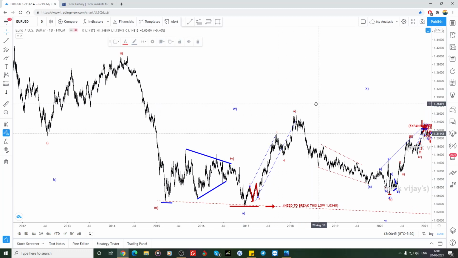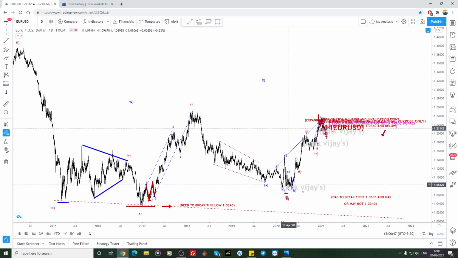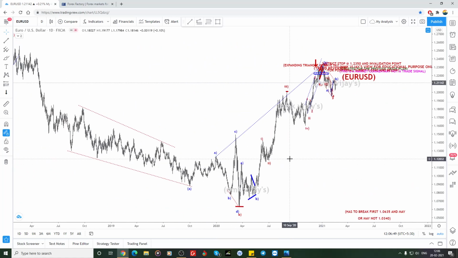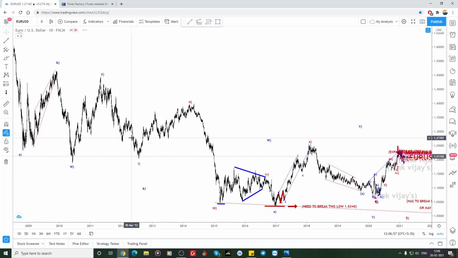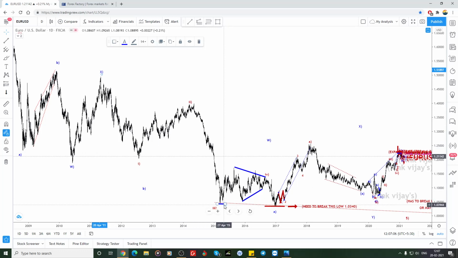So if we make this a W and this an X, so we need again to change here as a W, X, A, B and C.